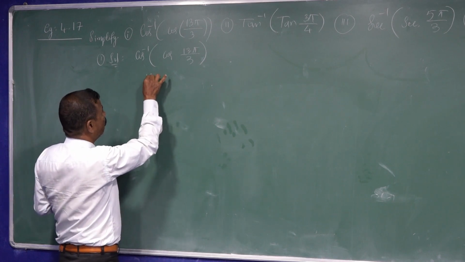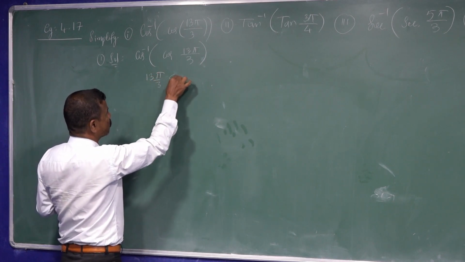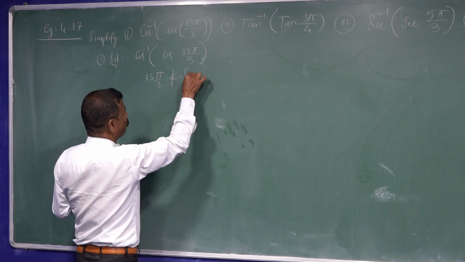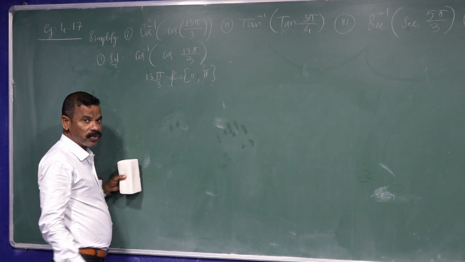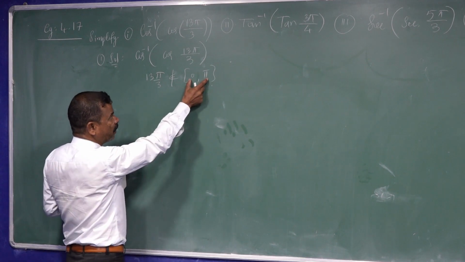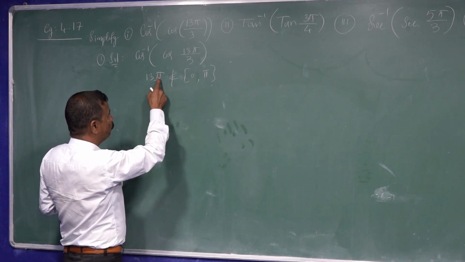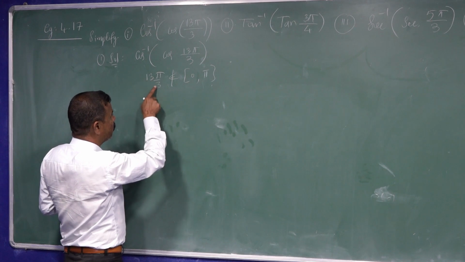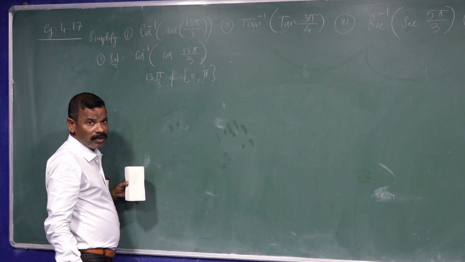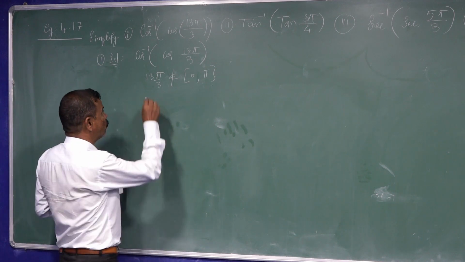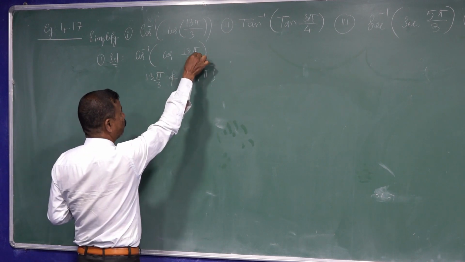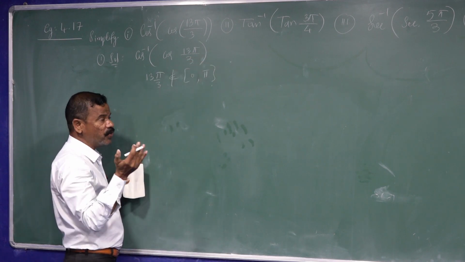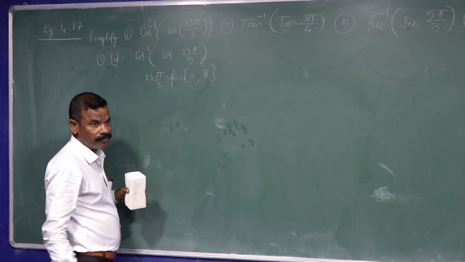So 13π/3 does not belong to [0, π]. Here π is the only limit, 0 and π. 13π/3 is some more value compared with π. That's why this is not a suitable value.